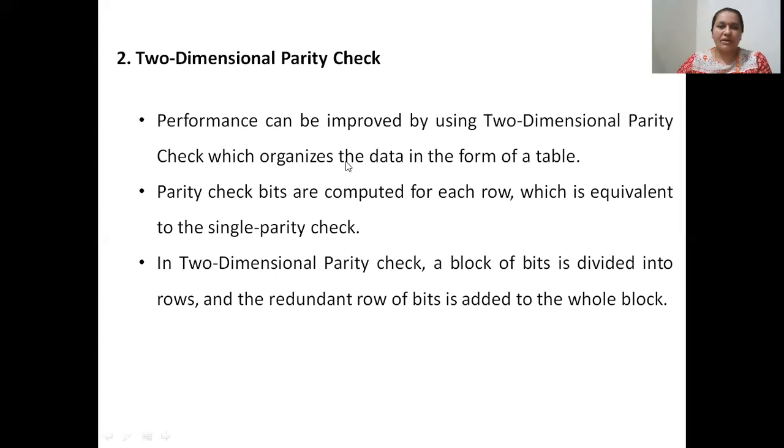The two-dimensional parity check method arranges the data units in parallel in rows and columns. For each row, there is a row parity, and for each column, there is a column parity bit. So the sender will append the row parity and column parity bits, and it will send the parity bits along with the data to the receiver.